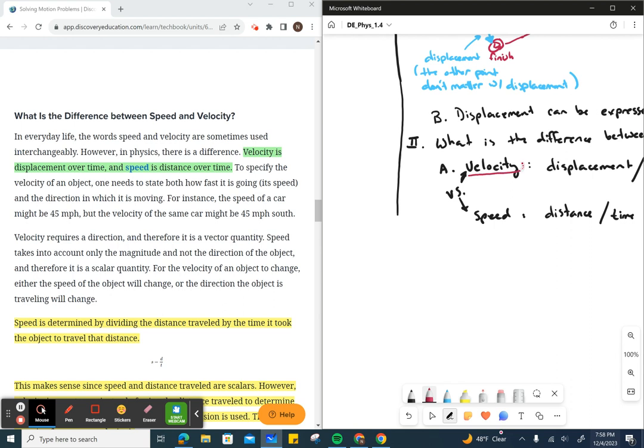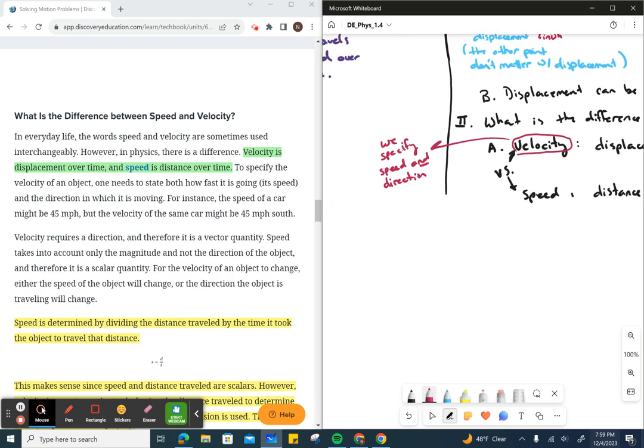With velocity, we specify speed and direction. Okay. It is a vector quantity.